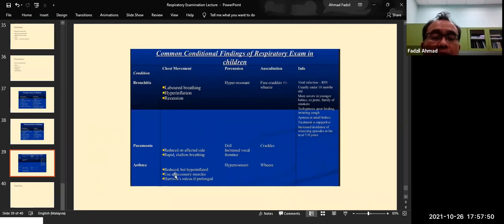Asthma: reduced air entry, chest movement reduced, hyperinflated chest, using accessory muscles, Harrison's sulcus noted on observation. Percussion is hyperresonant, auscultation has a lot of wheezing or rhonchi, or decreased air entry. These are example findings you can get in certain disease conditions.